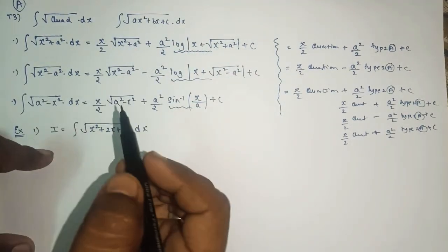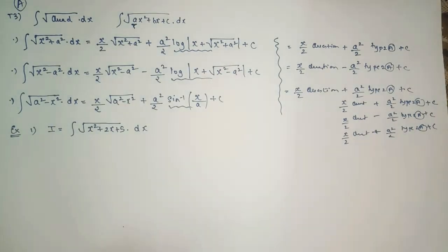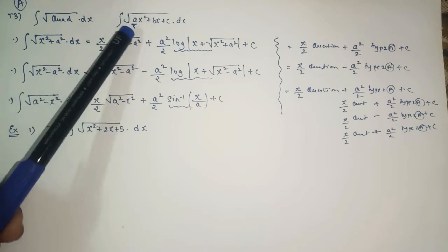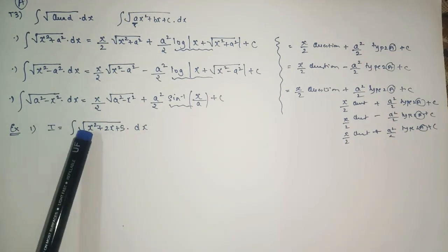As per the rule, we know that first we have to make the coefficient of x squared term 1 and the sign should be positive, yes or no? Okay, so first we'll make the coefficient of x square 1 and the sign should be positive.